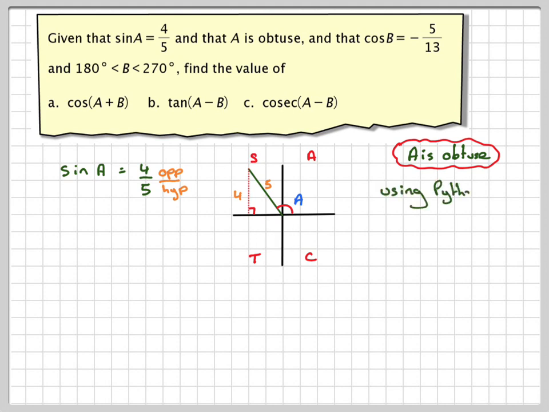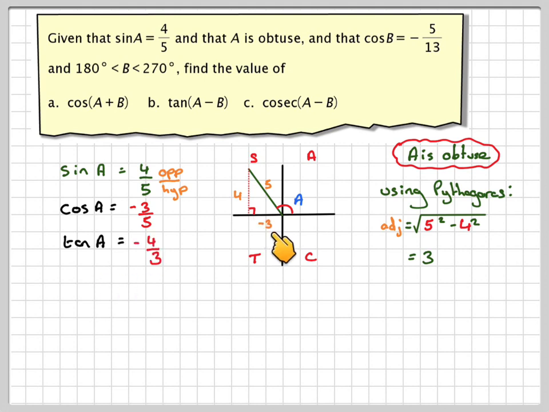So using Pythagoras, the adjacent side would be the square root of 5 squared minus 4 squared, which will give you 3. It's a 3, 4, 5 triangle, but it will be minus 3 because it's this side of the axis. And therefore we can write down that cos A is minus 3/5 and tan A is minus 4/3, remembering that cos and tan are negative in that quadrant.